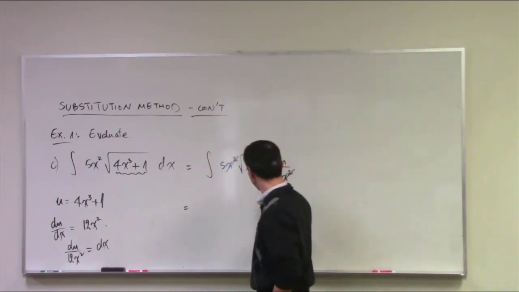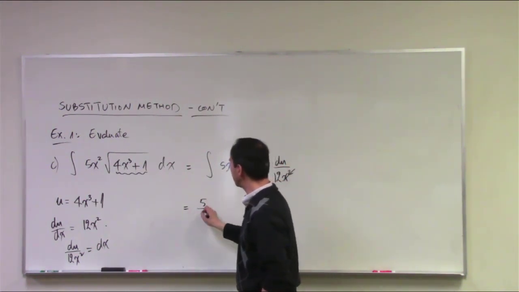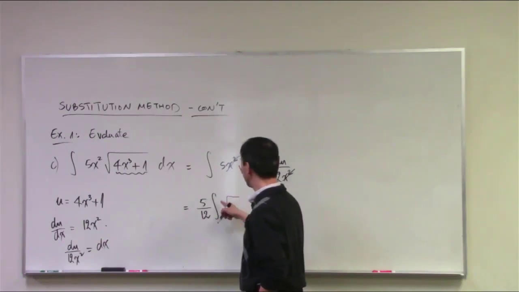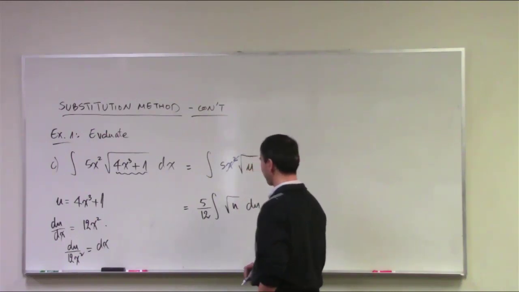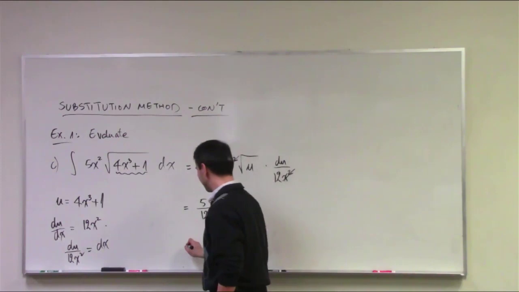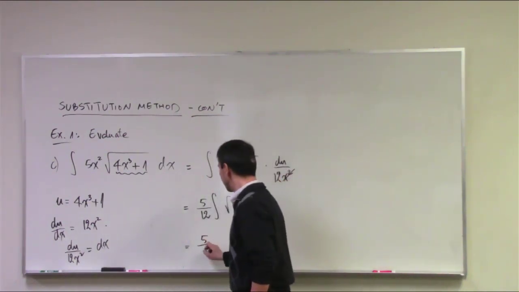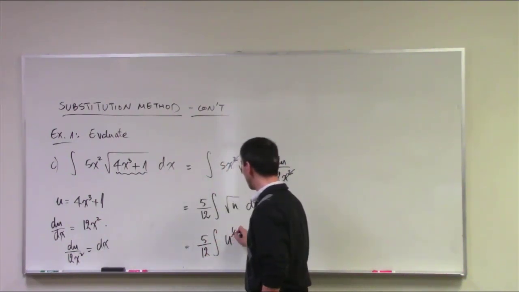Then we bring that 12 as a coefficient with the 5, so we end up with 5/12 times the integral of square root of u du. Did I make the problem any simpler? Yes, I did. Now it's simply 5/12 times the integral of u to the 1/2 power.